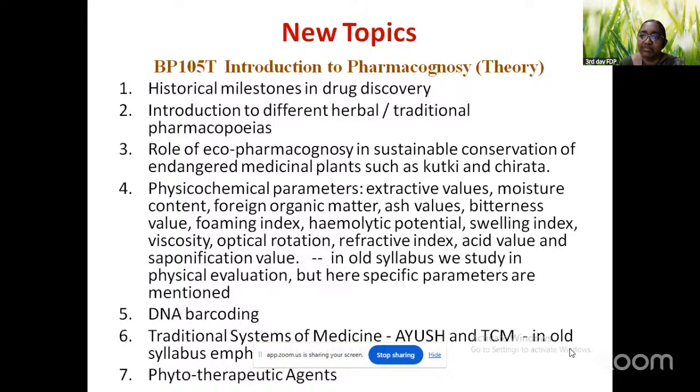But here he has mentioned clearly what parameters are to be explained in detail. Next added is DNA barcoding and traditional systems of medicine. In the old syllabus we studied only ISM and H, and the present syllabus has added Ayush and TCM, and also phytotherapeutic agents.